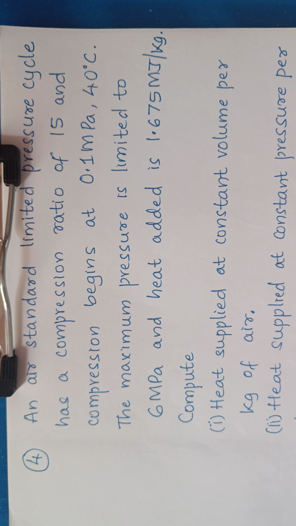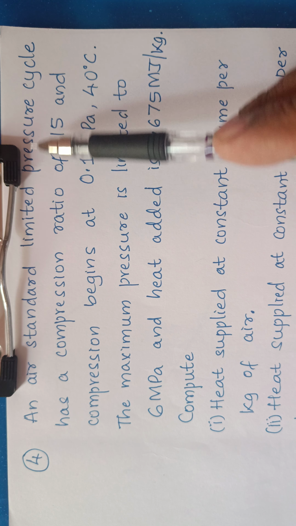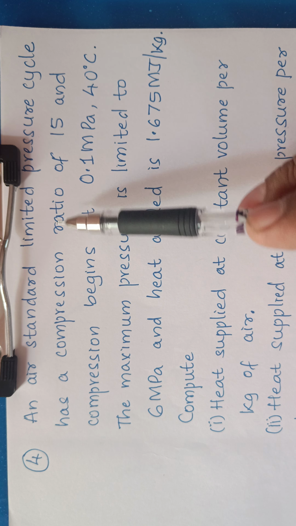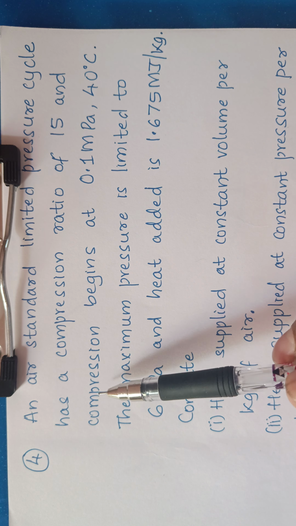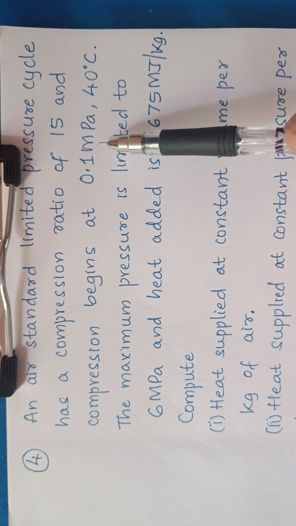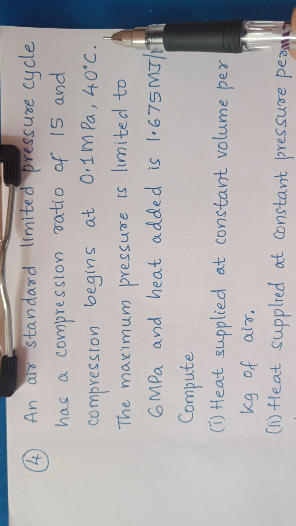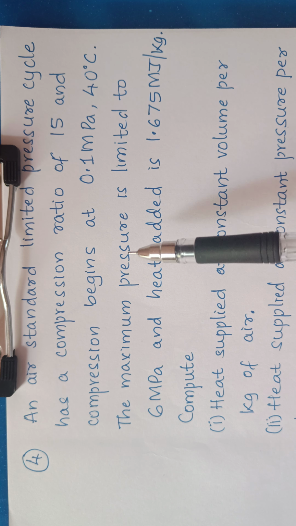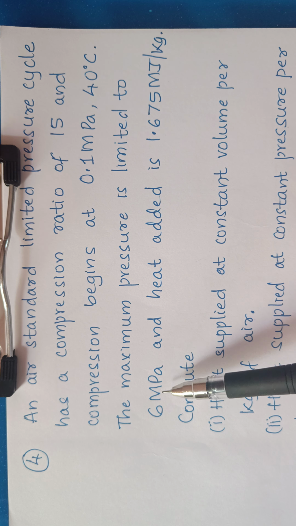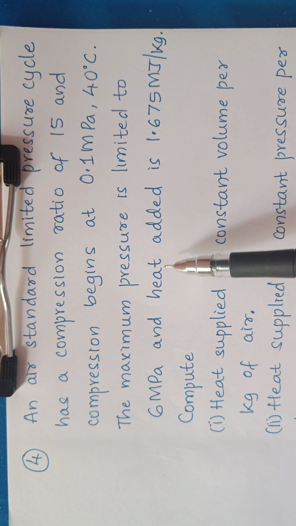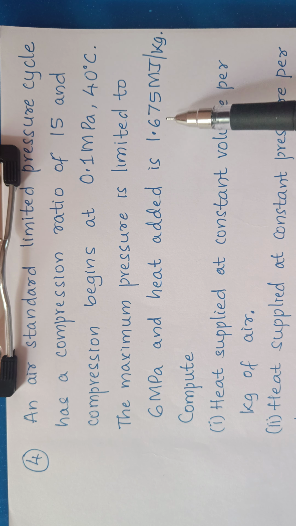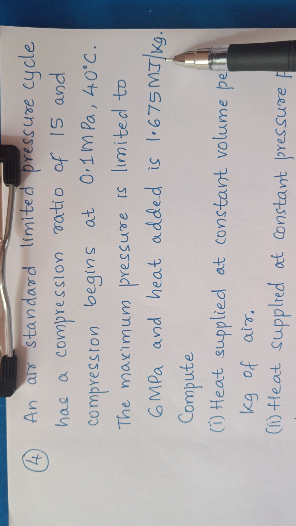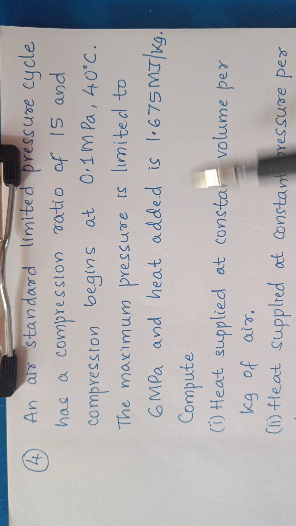The problem goes this way: an air standard limited pressure cycle has a compression ratio of 15, and compression begins at 0.1 megapascal, 40 degrees centigrade. The maximum pressure is limited to 6 megapascal and heat added is 1.675 megajoules per kg.